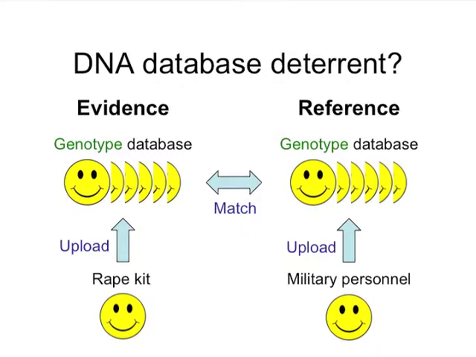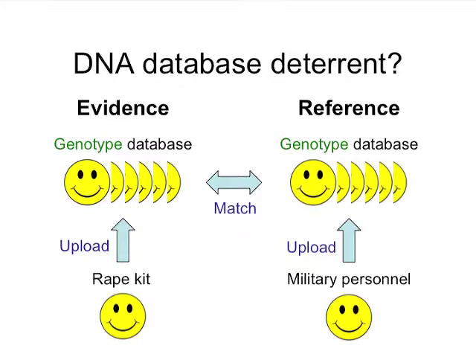So in an ideal world, imagine, looking at the bottom right of the slide, that all military personnel have a cheek swab taken, and their genetic types or genotypes are uploaded to a reference genotype database. Databases like this already exist in the US for other purposes, like identifying the remains of soldiers.